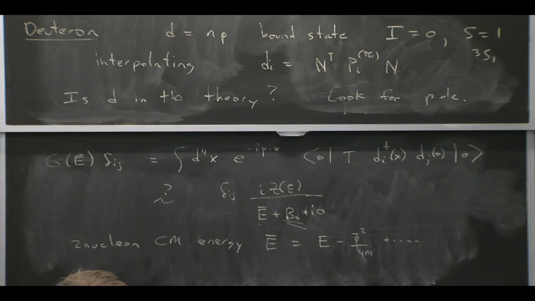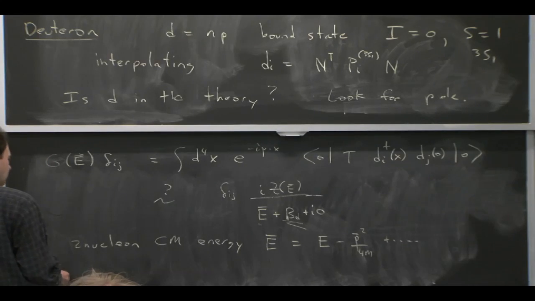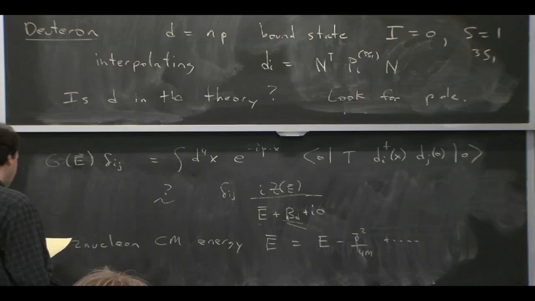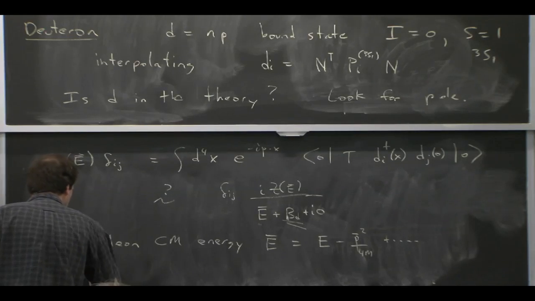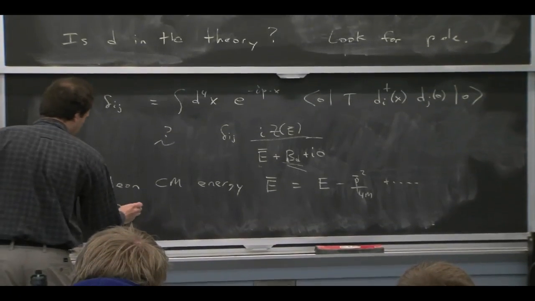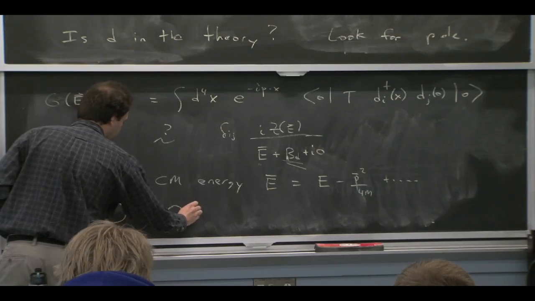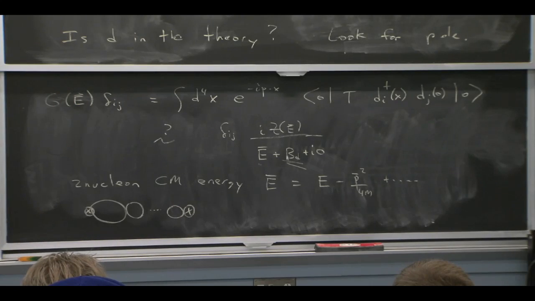So what are the diagrams that we would consider to do this? Well, at lowest order, it's just our friends, the bubble sum. And in fact, when you go to higher orders, we also had bubbles there. So to answer this question, we insert the field, we create two nucleons, and then they can interact with C0s, and then we annihilate them with our interpolating field.